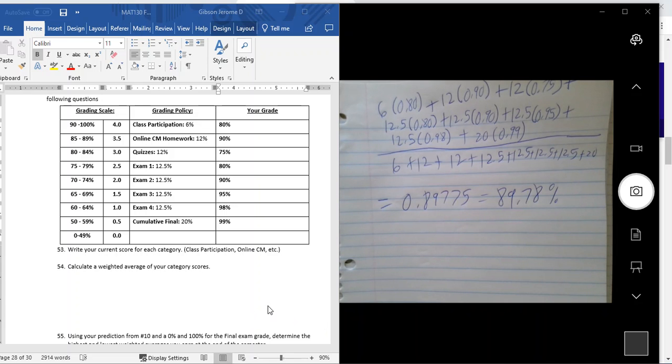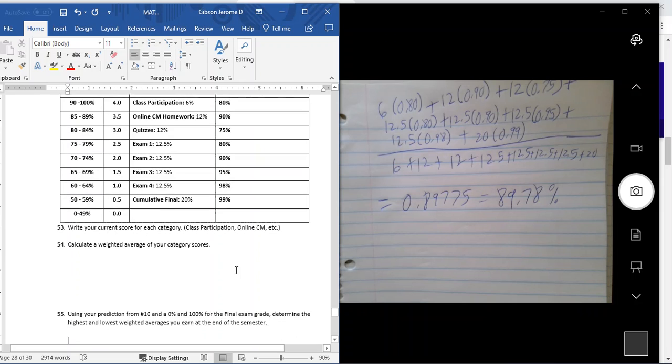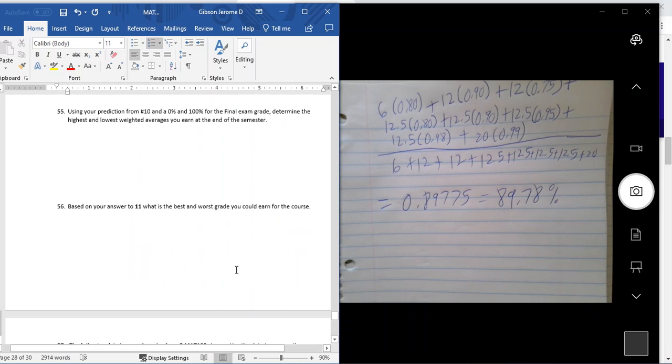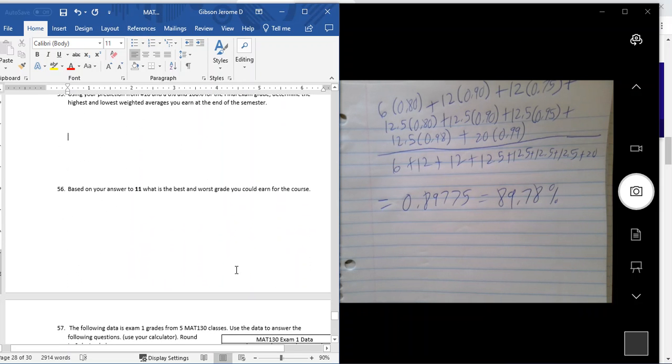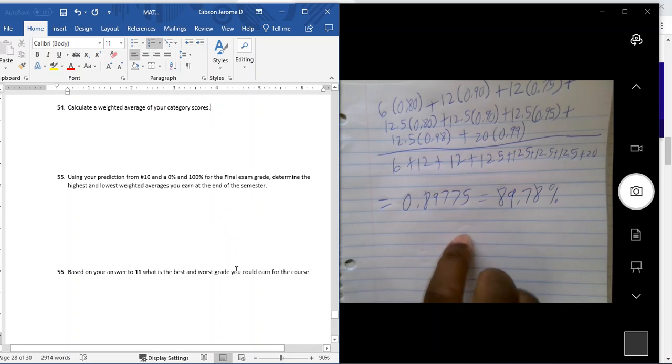Now, it says calculate a weighted average for your category scores. Okay, now for 55, this is what we have here as 54, what I have here on the paper.